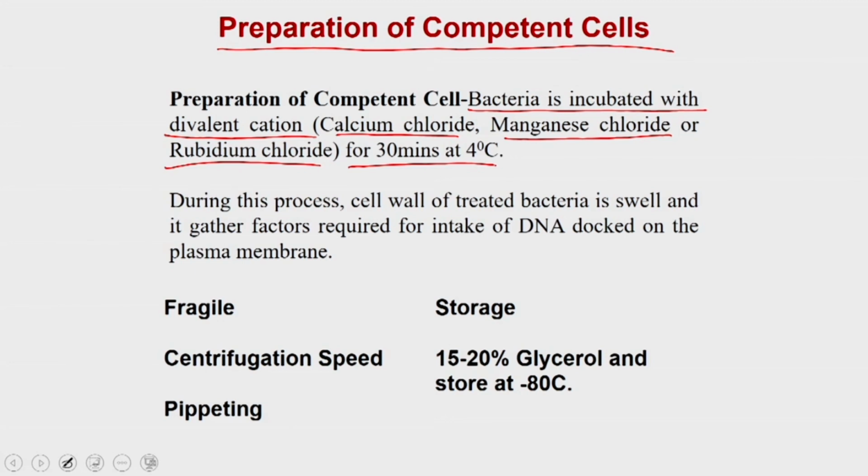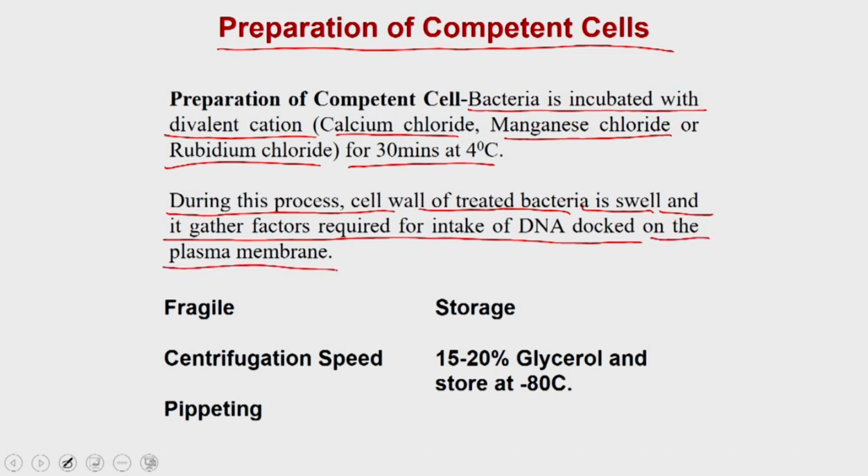What happens when you treat the cells with the divalent cation is that this treatment makes the cell wall swell. It brings some kind of flexibility in the cell wall, and on the other hand it also gathers the factors which are required for the intake of DNA which is docked onto the plasma membrane.